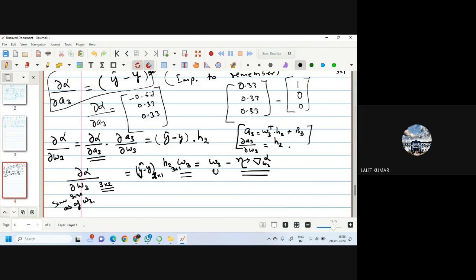So how to get a 3 into 2 matrix? We can do H2 dot Y hat minus Y transpose. Then we get 3 into 2 size. So this is how we have got del L by del W3.